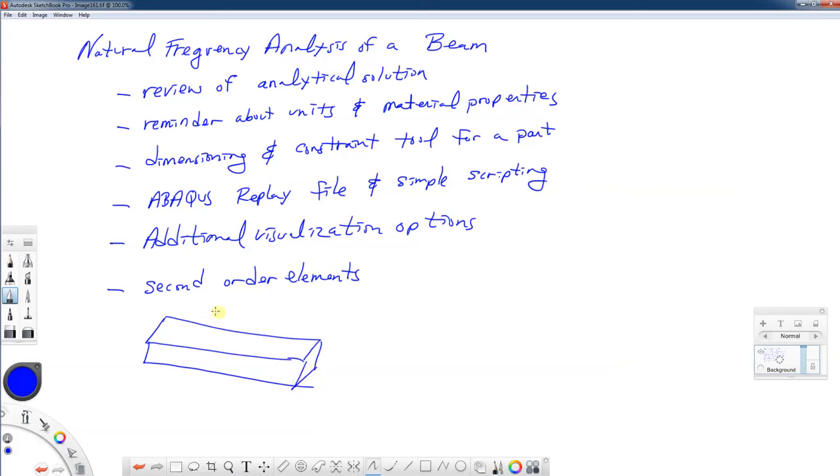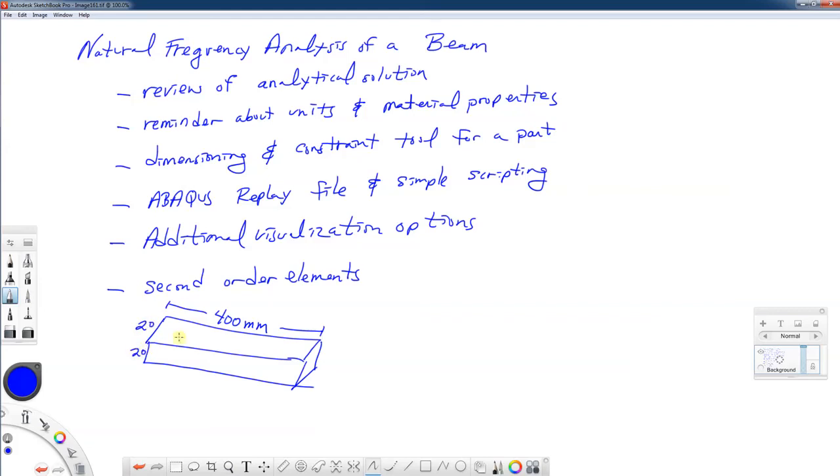And its length, we're going to make 400 millimeters. And its dimension, we're going to start with 20 millimeters, and then I'll show you how to change that.